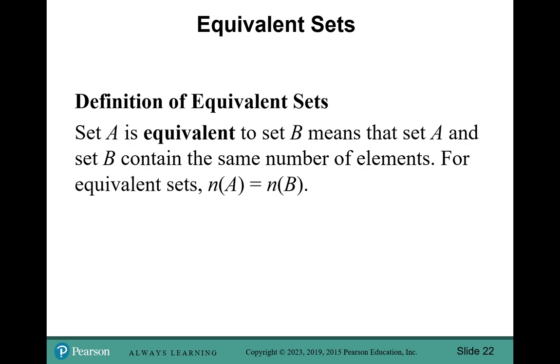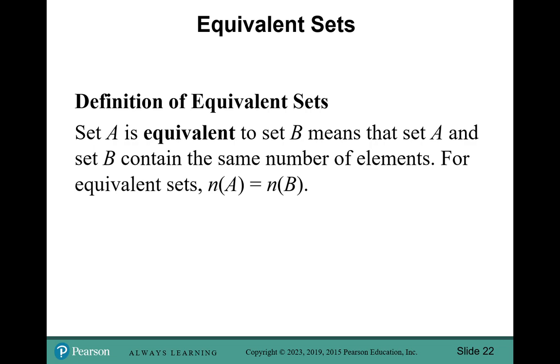Let's define equivalent sets. The definition of equivalent sets: a set A is equivalent to set B means that the set A and set B contain the same number of elements. For equivalent sets, the cardinality of A equals the cardinality of B. Now, equivalent is not the same thing as equal to.